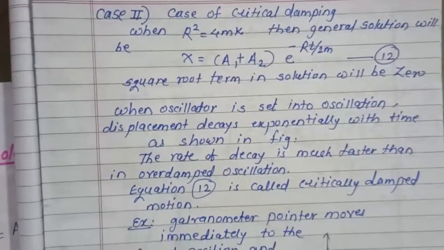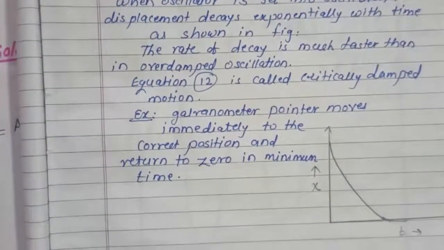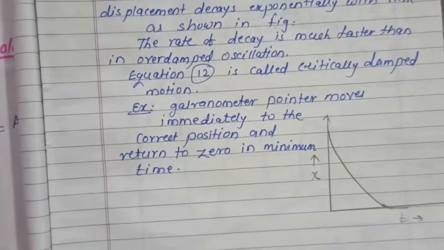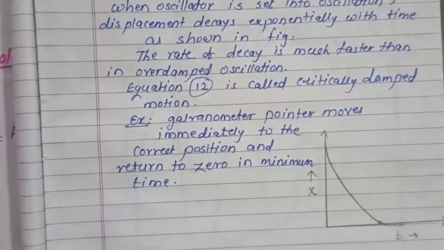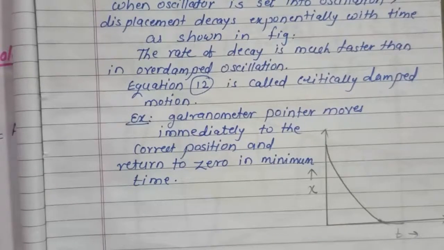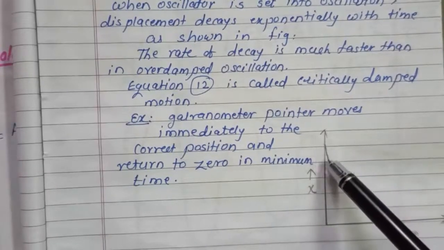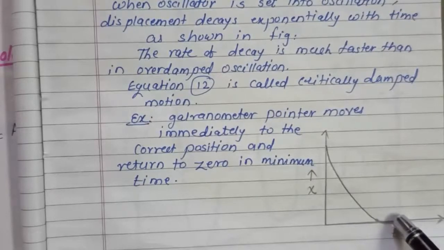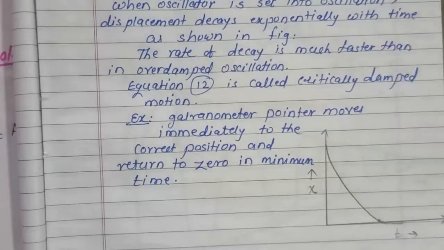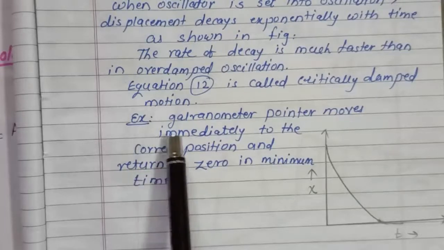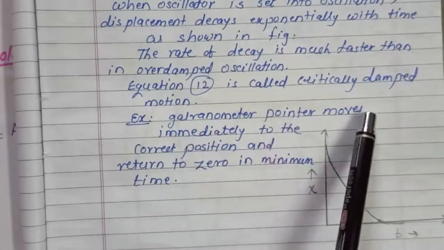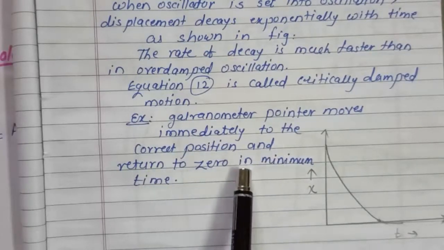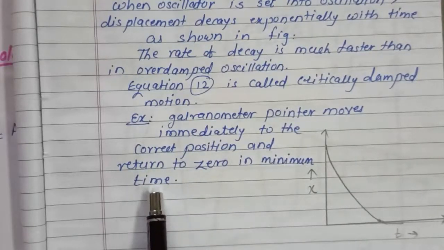Now, the graph is plotted displacement versus time, that is x versus t. The graph shows that the rate of decay of displacement is much faster than in case first, that is, in overdamped oscillation. For example, a galvanometer pointer moves immediately to the correct position and returns to 0 in minimum time.